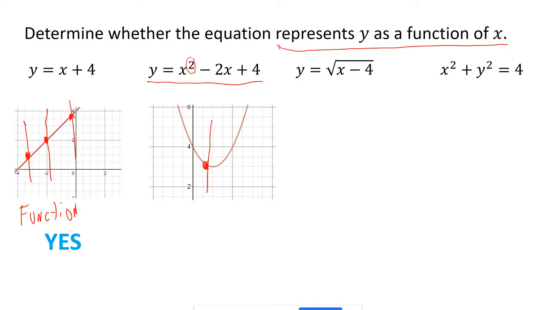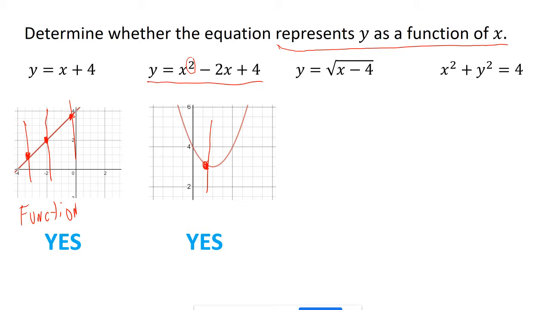You can apply the vertical line test. I can draw a vertical line. It only touches in one place. Therefore, this is going to represent a function. We have some students that answered it was a parabola. Good job. Great.